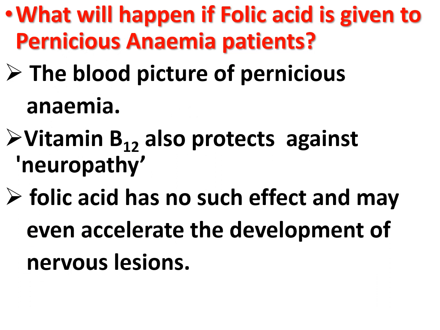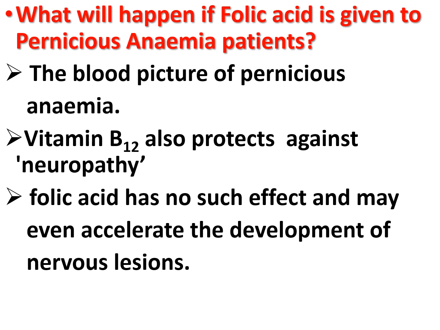First question: what will happen if folic acid is given to a pernicious anemia patient? If folic acid is given, it will improve only the blood picture of the pernicious anemia.